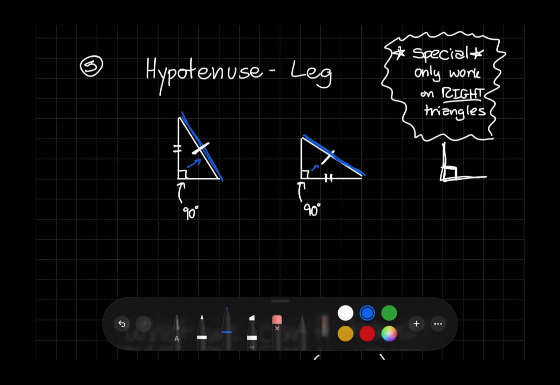So I know my hypotenuses are good to go. I'm going to go ahead and write an H for hypotenuse. They are equal. And then my leg. My leg is just going to be the other sides of the triangle, which we see here, two kitten whiskers, two kitten whiskers. We're good to go. Hypotenuse leg, awesome. These two triangles are set. They are valid.